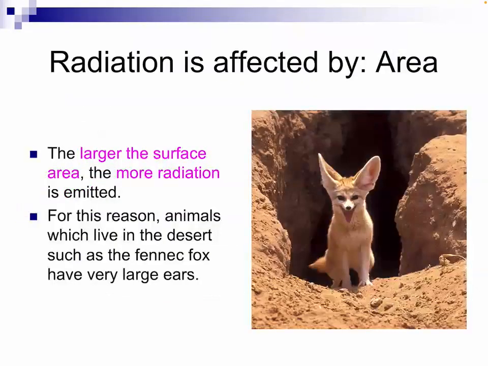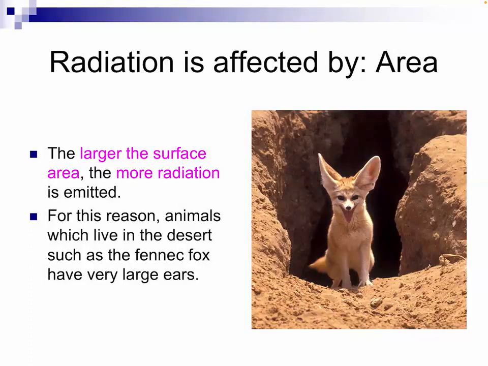Cool. So the amount of heat transferred by radiation is also affected by area. And when we say area, it means the surface area that can absorb or emit radiation. Usually that's how, for example, animals who live in the desert, like this fox here, will usually have larger ears.